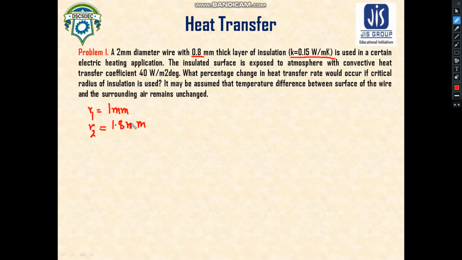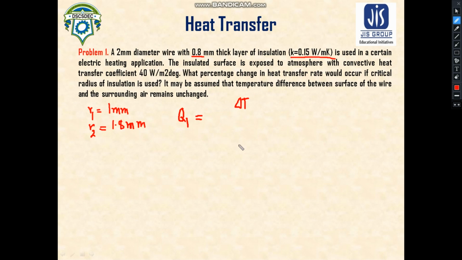Okay, now from the first case, when the critical radius of insulation is not used, let us consider the heat transfer is represented by Q. Let us take a temperature difference of delta T. So this delta T would remain constant in both the cases.